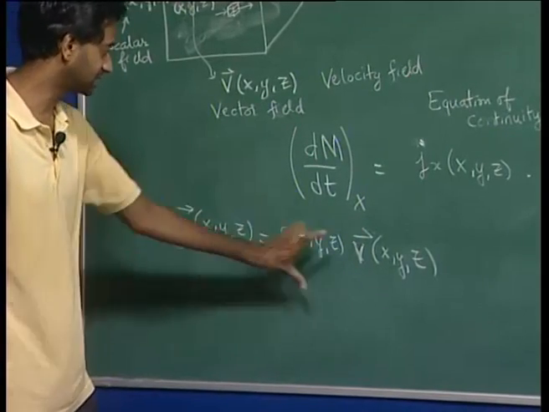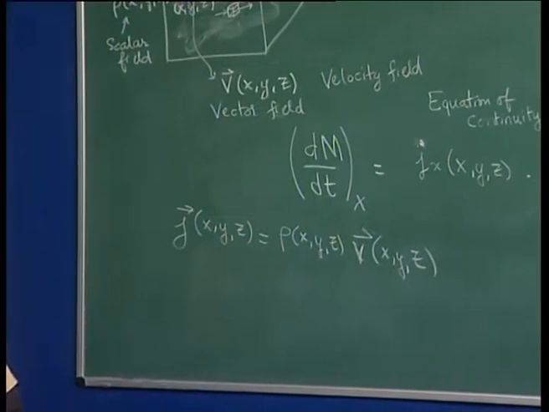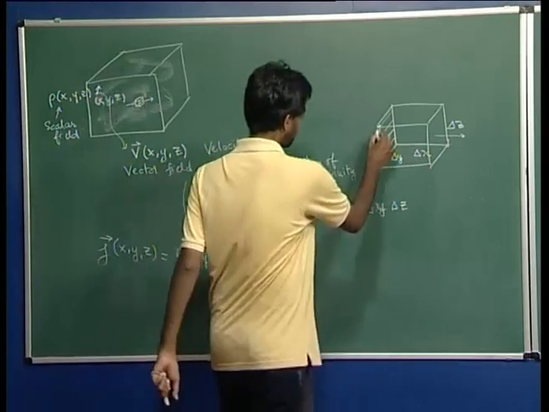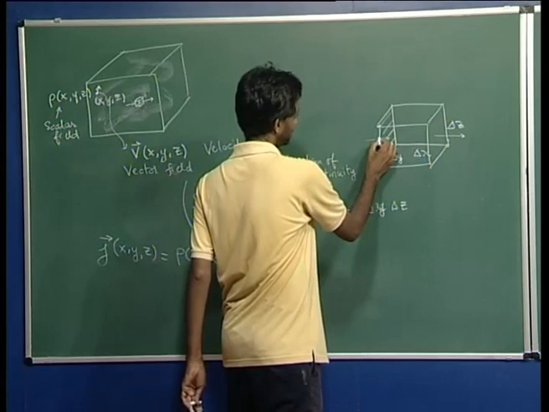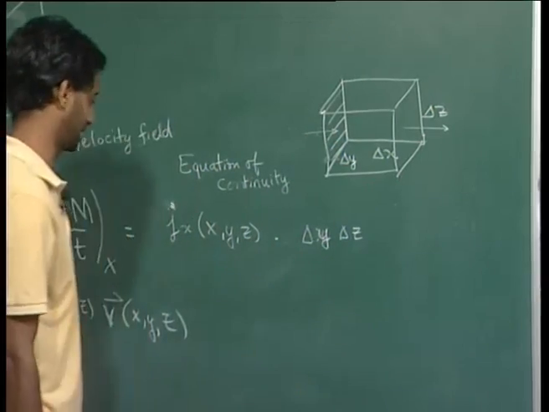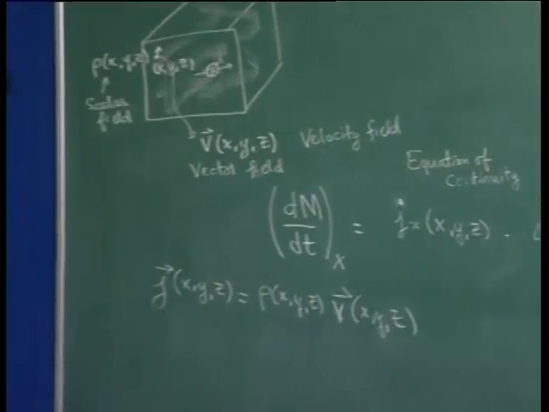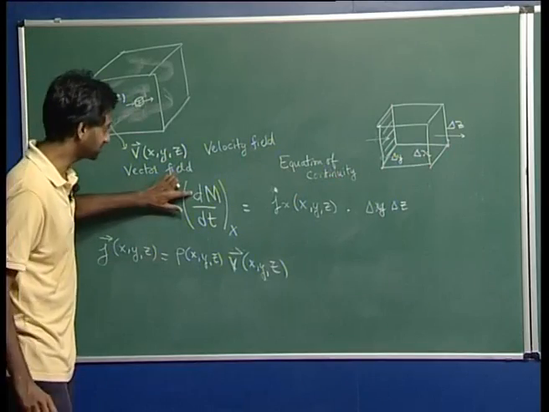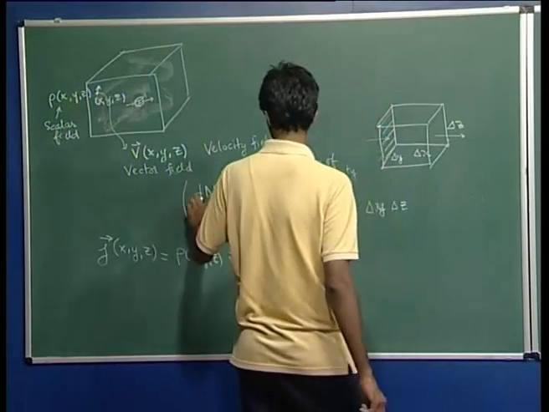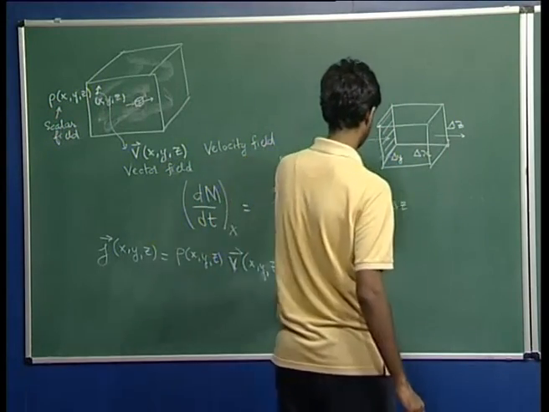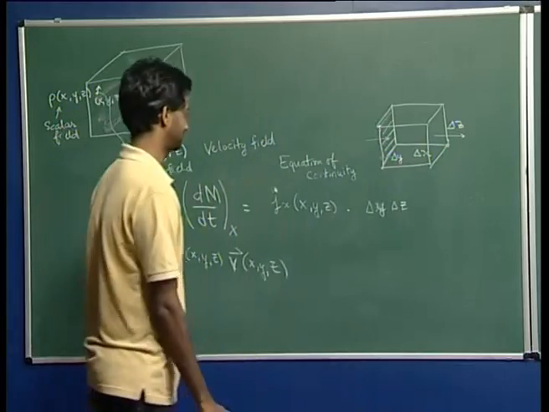So it really measures how much fluid is flowing. If the density is very high, the current will be high, or if the velocity is very high, the current will be high. So the rate of change of mass due to flow in the x direction, per unit time, will be given by the current times delta y times delta z, which is the area.